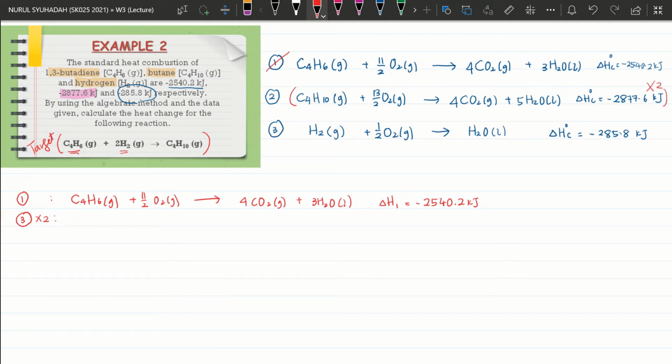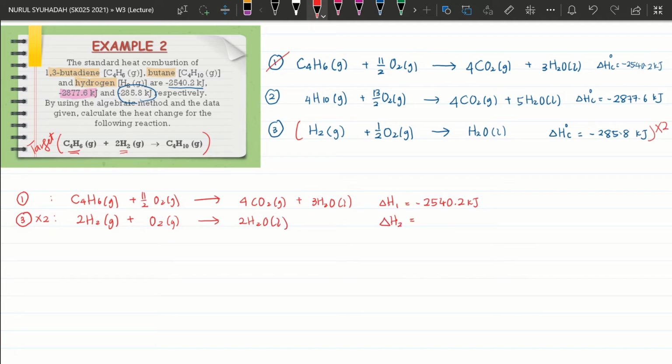Okay, so write down the equation. So equation 3 here, times 2. So 2H2 gas plus O2, to produce 2H2O liquid, and put it as delta H2.